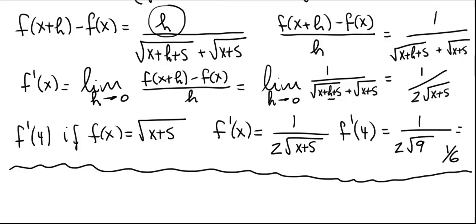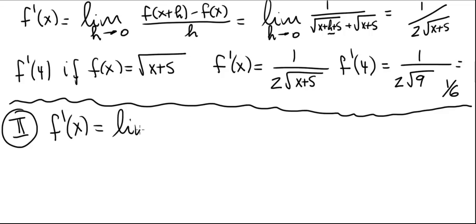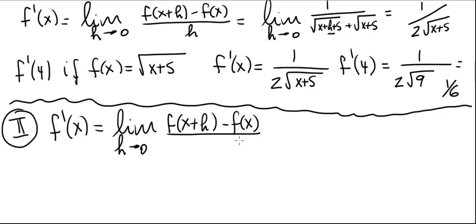Now let's look at method number 2. Method number 2, we're still going to use the same definition of the derivative, that is f prime of x is equal to the limit as h approaches 0 of f of x plus h minus f of x divided by h, but this time we're going to plug in 4 at the beginning rather than at the end.